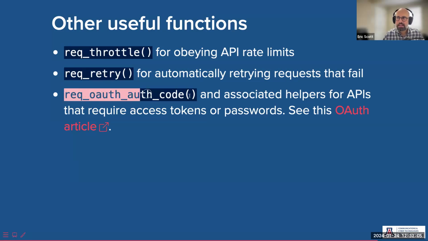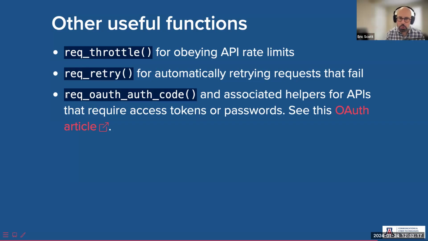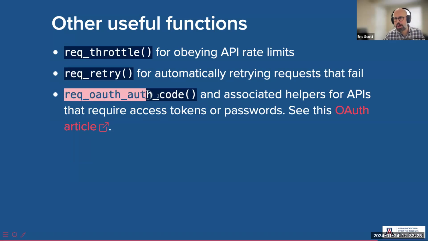And then in the beginning, we talked about authorization, when we were looking at that genealogy API example. Many APIs do require that you authorize yourself in some way, that you sign up. You get a token. They want to know who you are and how you're using it. And that stuff can get tricky. But we have this req_oauth_auth_code function, the help file for that.